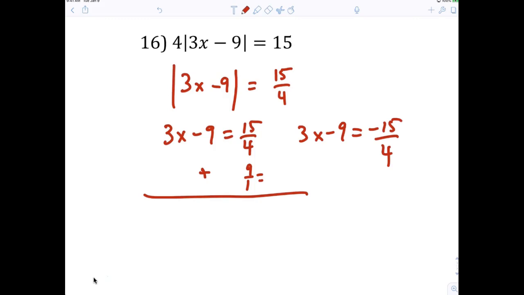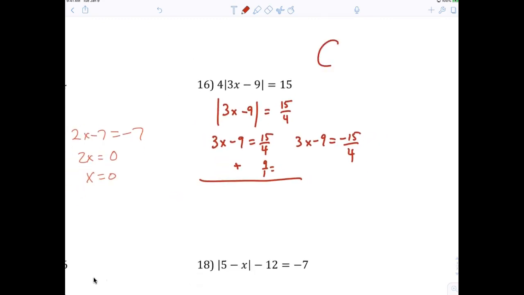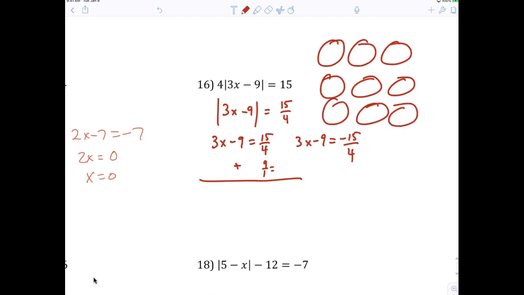No. 9 is the same as how many fourths? One whole has how many fourths? If there's 4 of us and we have 1 pizza, how much am I going to get? Okay, you're not understanding me. So look, here is 9 pizzas. I cut them into fourths. How many slices are there?